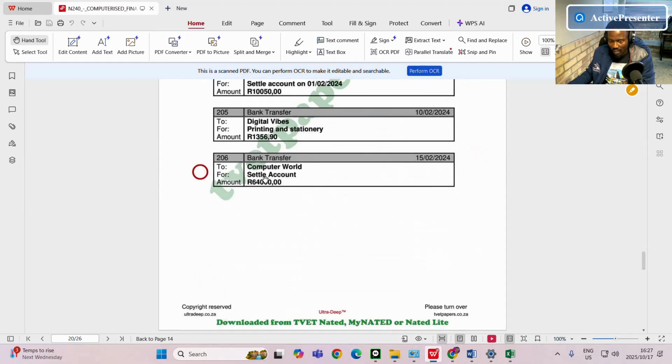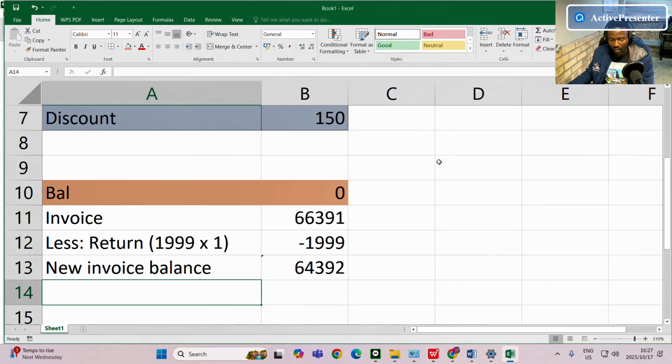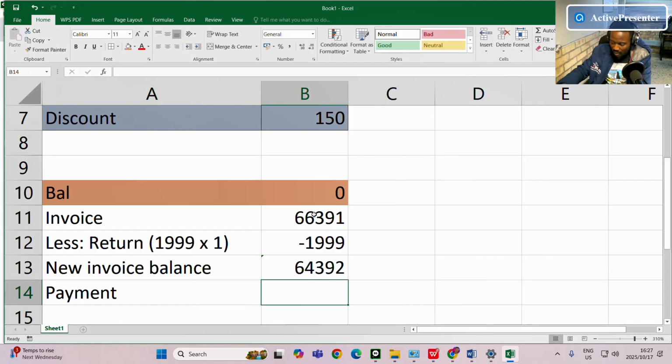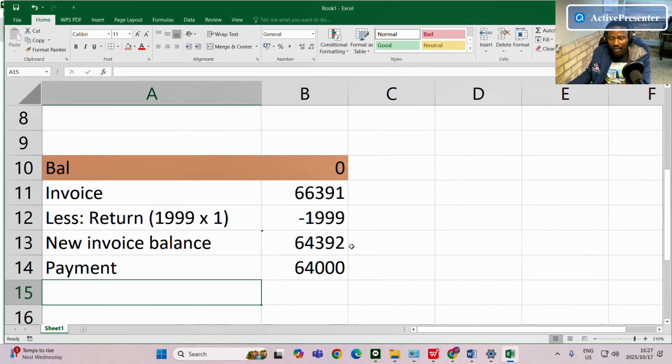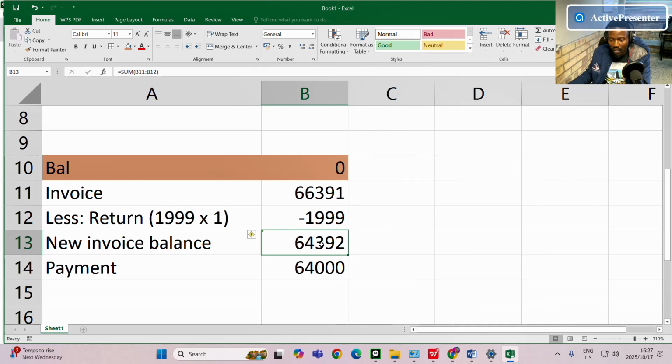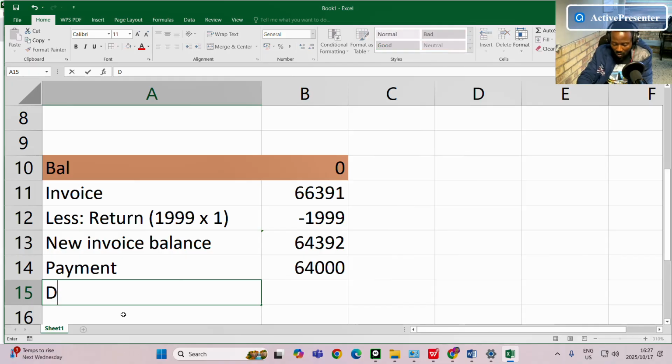The payment is for 64,000. Meaning we settled the account. So we were owing 64,392, and then to settle the account, we only paid 64,000, meaning we also received a discount.